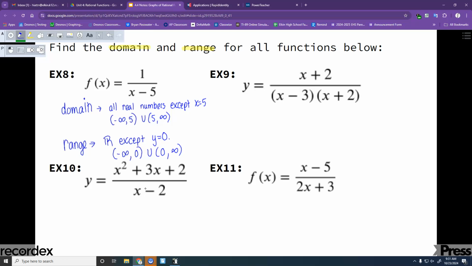Okay, let's look at example 9. Whenever we are thinking about domain, we're thinking about the discontinuities, the denominator equaling 0. What are going to be our discontinuities here?